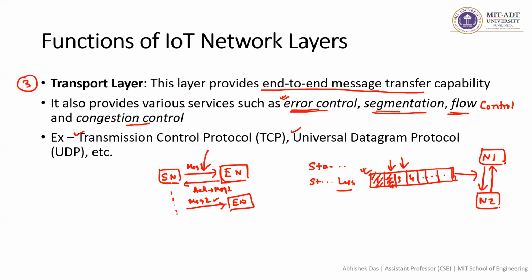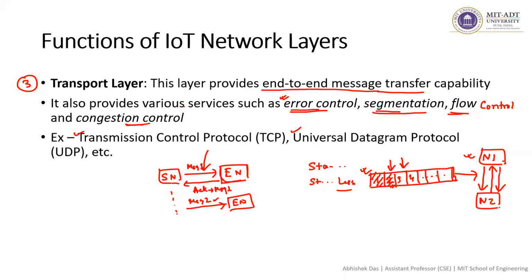And the congestion control. If a lot of data packets are sent from node 1 to node 2, the whole communication system will become congested, right? So that is why it follows the concept of acknowledgement. Until it gets the acknowledgement, the next message will not be sent.